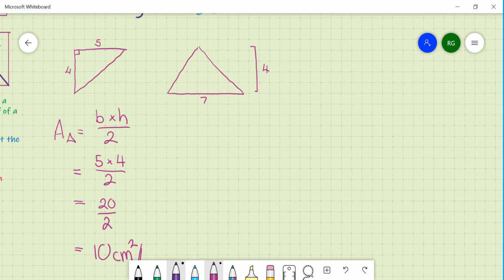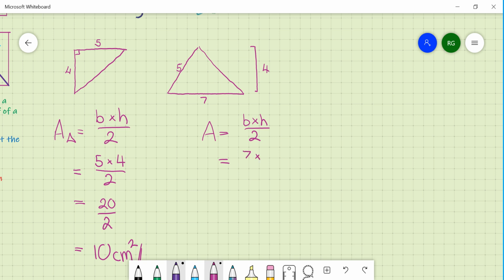Another example is this one. There are no right angles in this shape. If I was to tell you that this was 5, it's really important to remember that 4 is the height. So the area for this shape is base times height divided by 2. The base is 7.